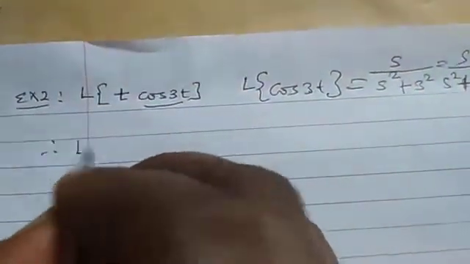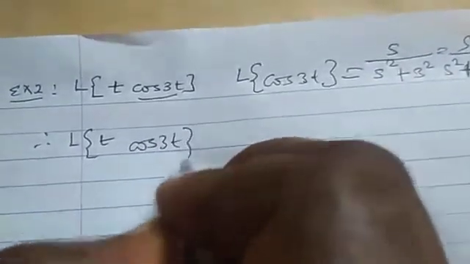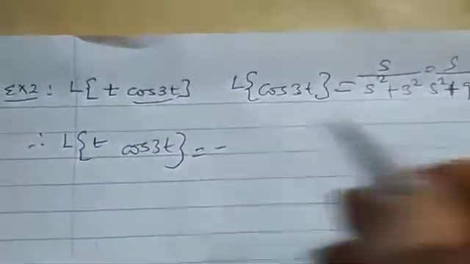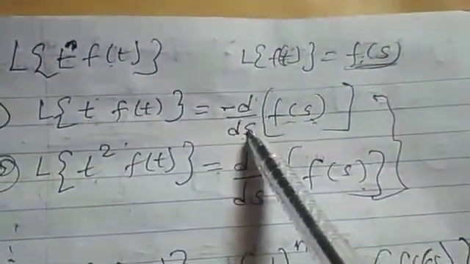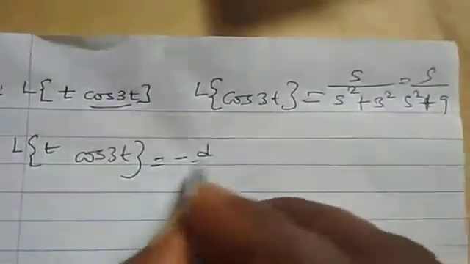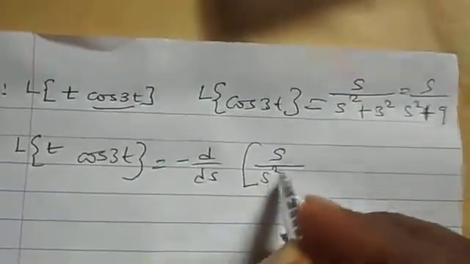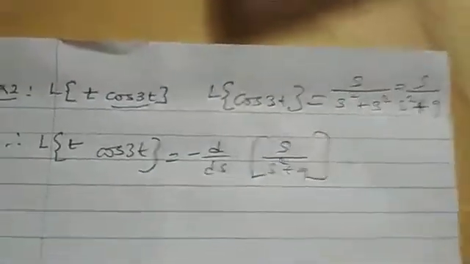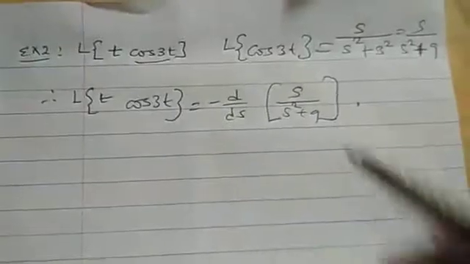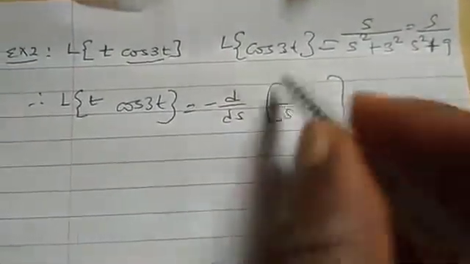Therefore, the Laplace transform of t cos 3t will now be equal to the negative of the differentiation. If you remember the formula, minus differentiation of that, this is minus d ds of s over s squared plus 9. I can now use differentiation.